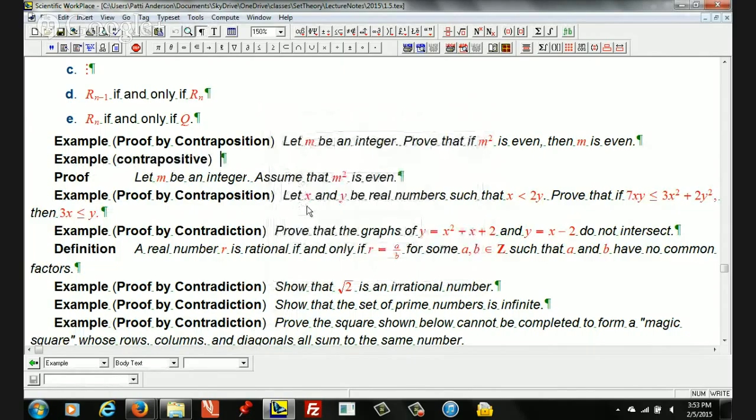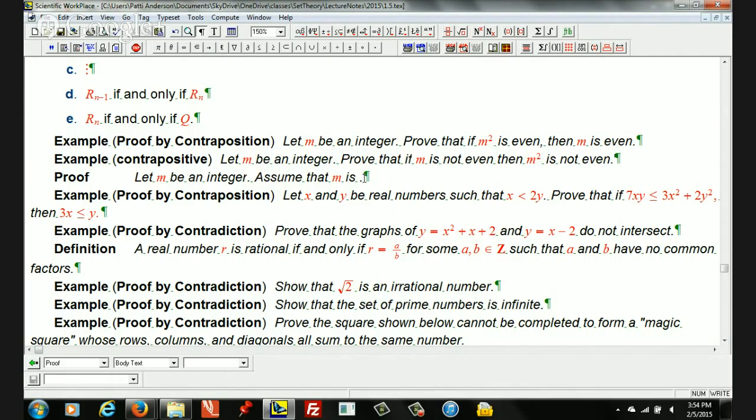So the contrapositive of the statement is: let m be an integer. True that if m is not even, then m squared is not even. So the hypothesis would be m is not even.